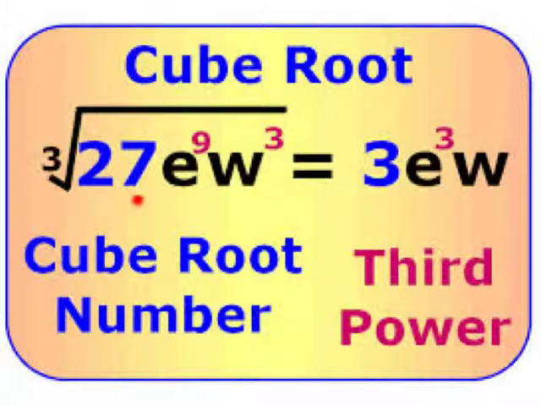What number times itself 3 times is equal to this? We know that 3 times 3 is 9, and 9 times 3 is 27. So the cubed root of 27 is 3. And here, what number would be the third root of w cubed? Well, it'd just be w.